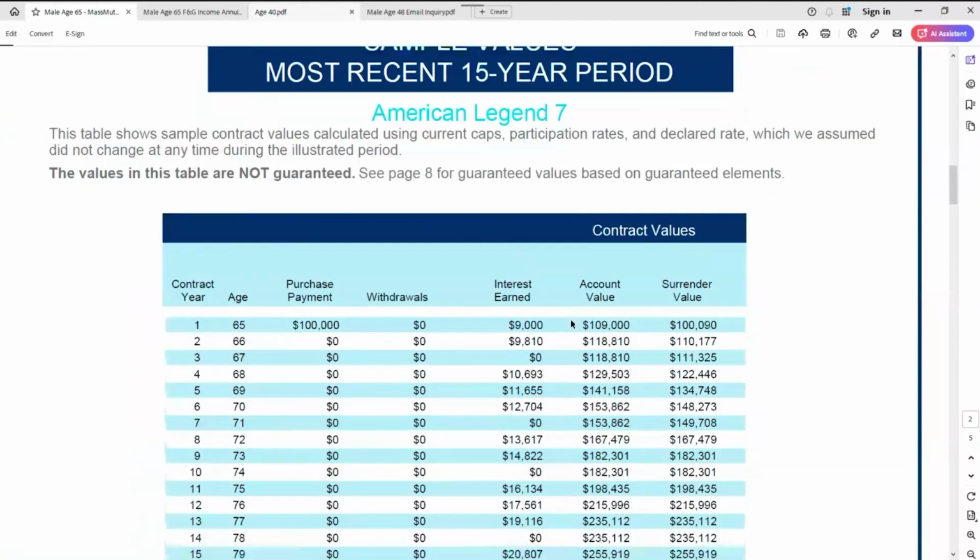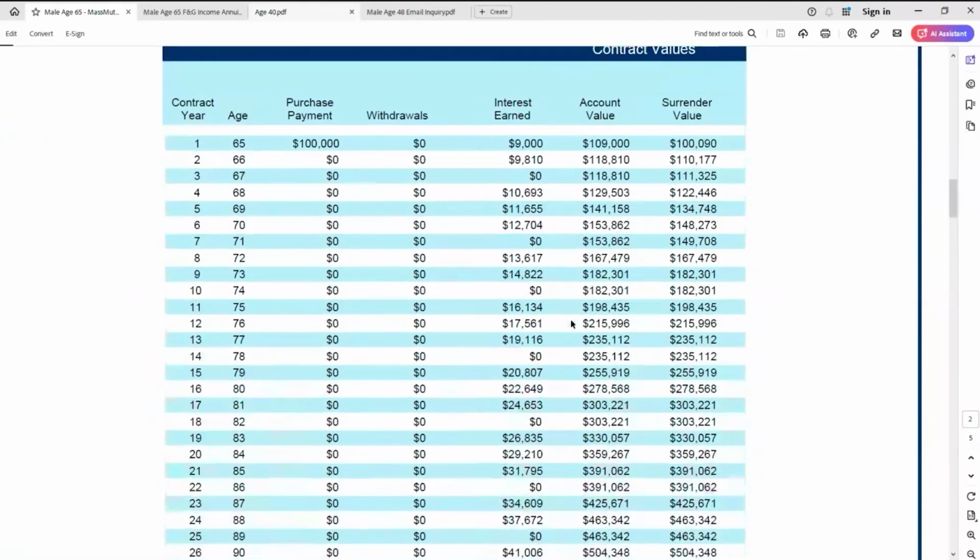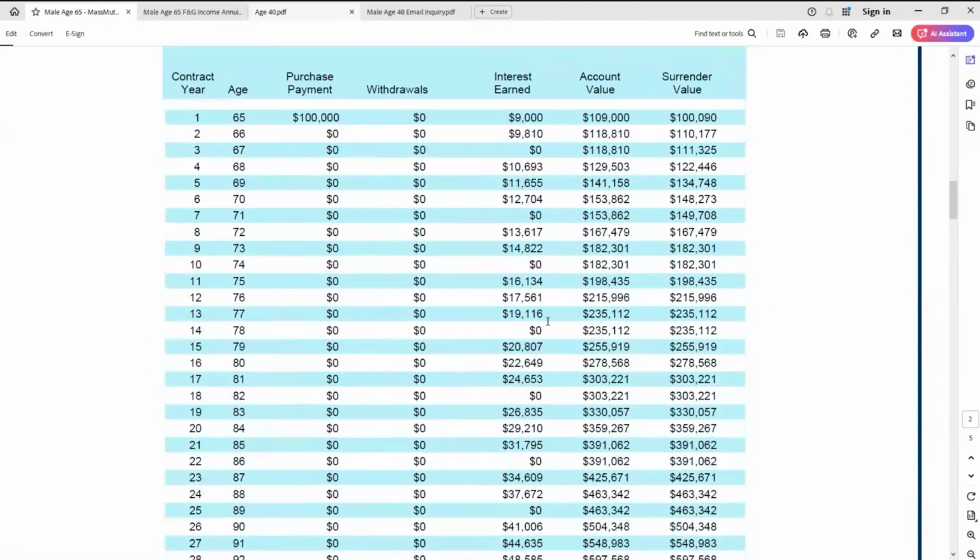A lot going on. Here's what I want to hit on. So he's 65 years old. As we look at this, the purchase payment, that's the amount we transferred from the old IRA in this particular example. So we transferred it over, and we see in the first year, he earned $9,000.